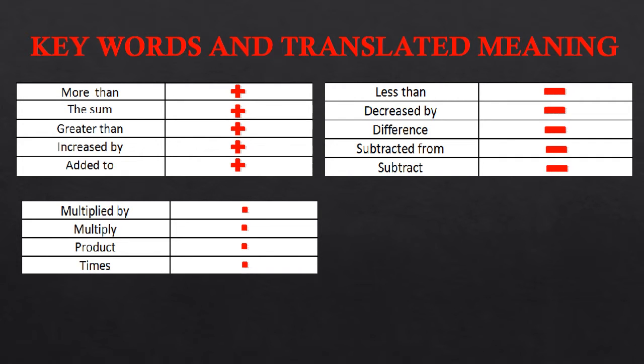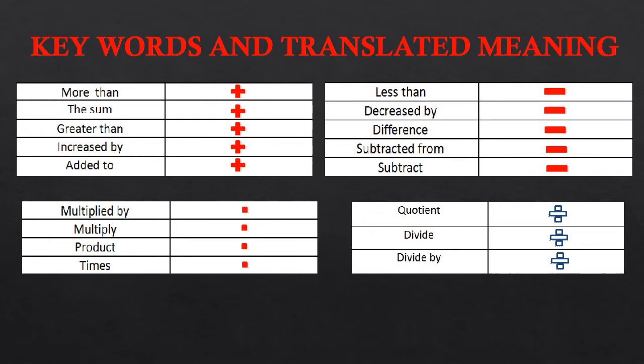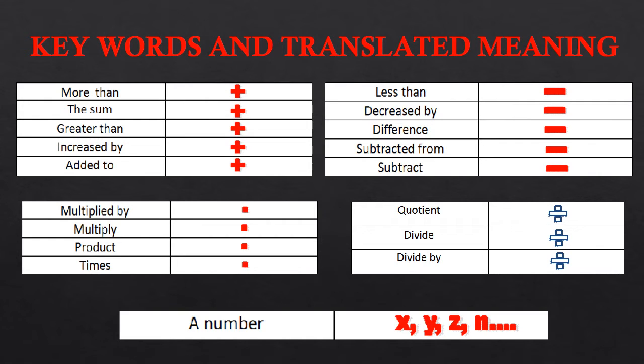So we use the dot to represent multiplication. Quotient means to divide. Divide means to divide, and divided by means to divide. And a number in mathematics typically is represented by the variable x, but it really doesn't matter. You could use whatever variable you choose to use at the time, whether it be y, z, n, or a, b, c.